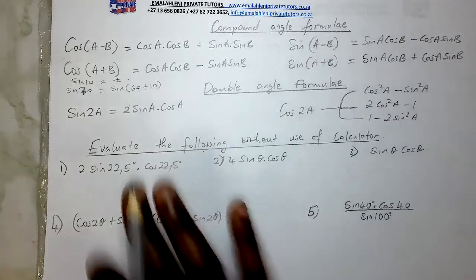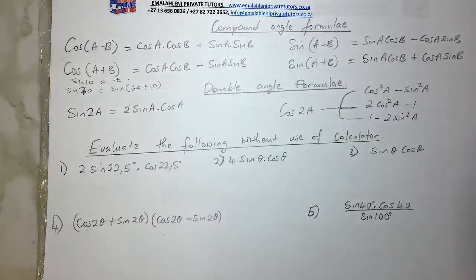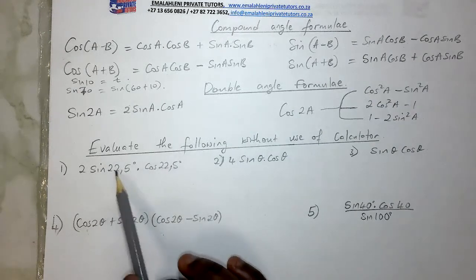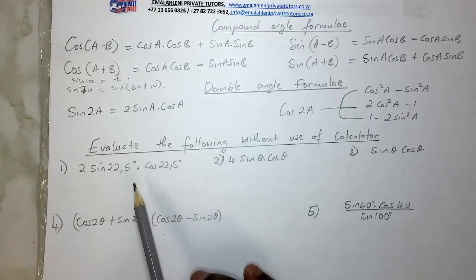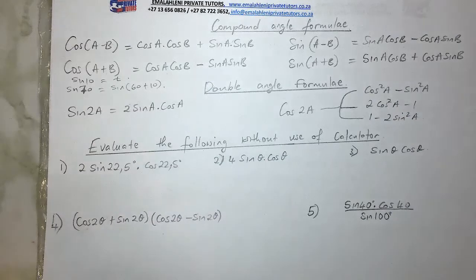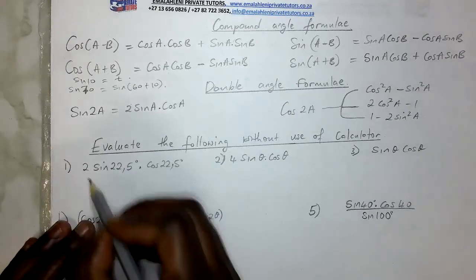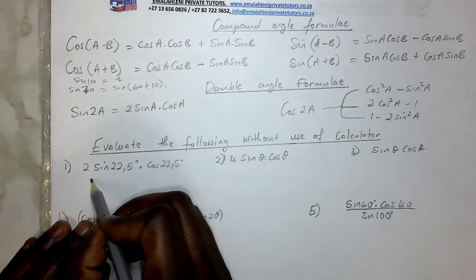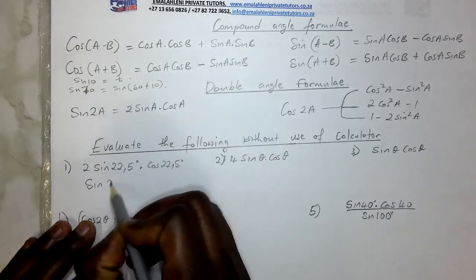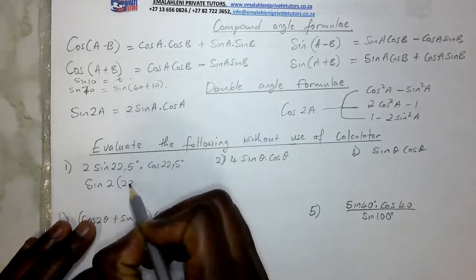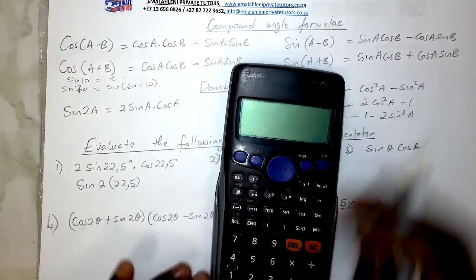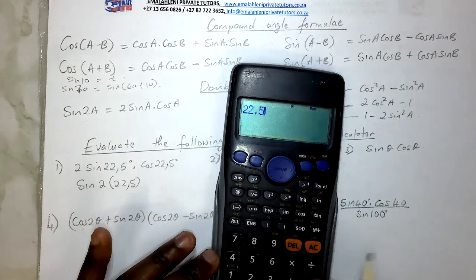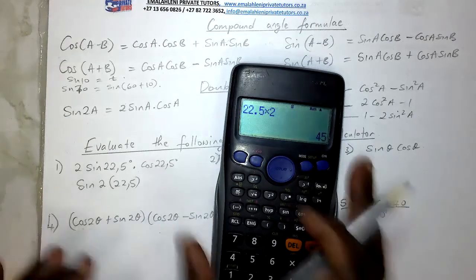Now, let's check here. Evaluate the following without the use of the calculator. What we see there is 2 sine 22,5 cos 22,5. So it simply means it's sine 2 in bracket 22,5. Now, 22,5 times 2 we get 45.